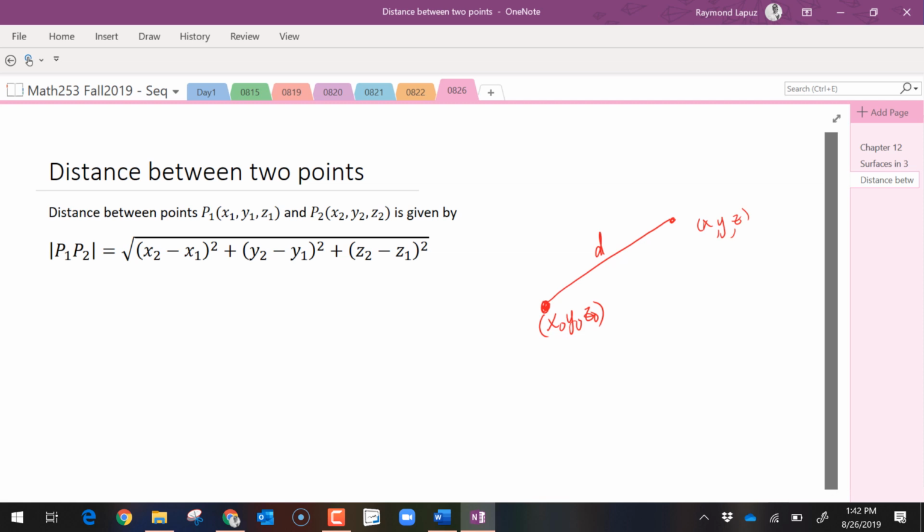So imagine how you would create this surface-looking thing. Let's fix a point x naught, y naught, z naught, and let's fix the distance. You can fix the distance by just looking at a stick that doesn't change length.